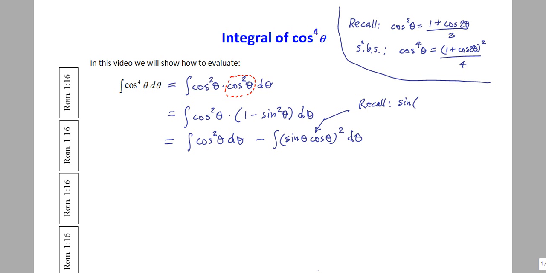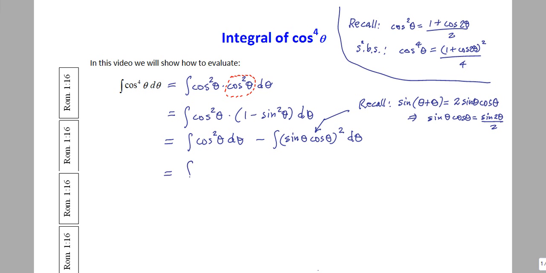But if I did sine of theta plus theta, that's going to be 2 sine theta cos theta. And so if you look at this, you see that sine theta cos theta is equal to a half of the sine of the double angle. Okay, so let's go ahead and use that result in here.